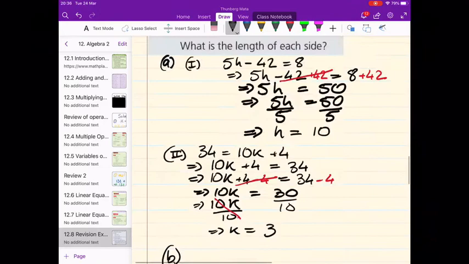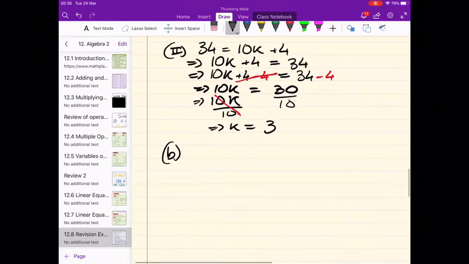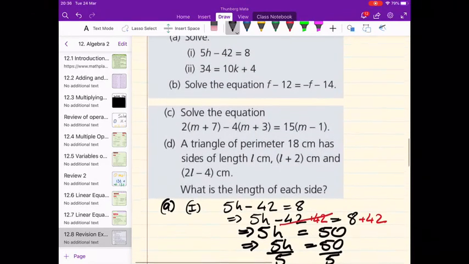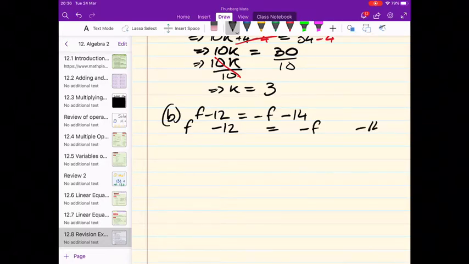Now part B of the next question. Let's see what that is. So part B is solve the equation f minus 12 is equal to minus f minus 14, I think it was. So I have f minus 12 is equal to negative f minus 14. First off, I want f's on the left because they're the variables, and I want numbers on the right. So I'm going to add a plus f there, so they'll cancel each other out, but to do that, I'll have to add a plus f here.